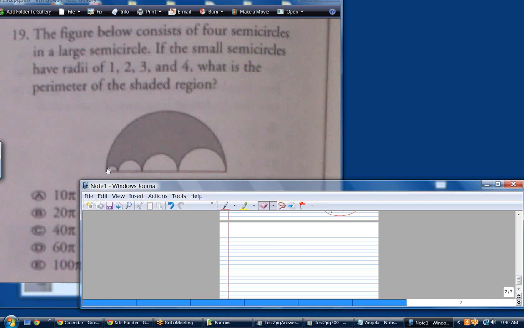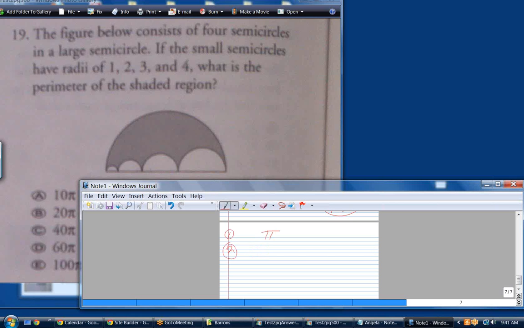So what is the half circumference of this smallest circle? Since it's got a radius of 1, it's 2 pi divided by 2, so pi. Okay, so that's part 1. That's the smallest. What's the second circle?